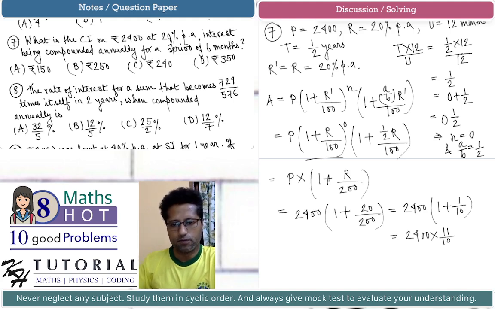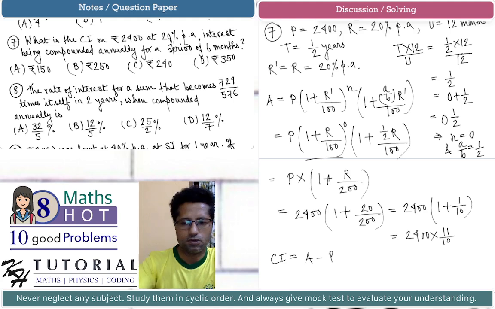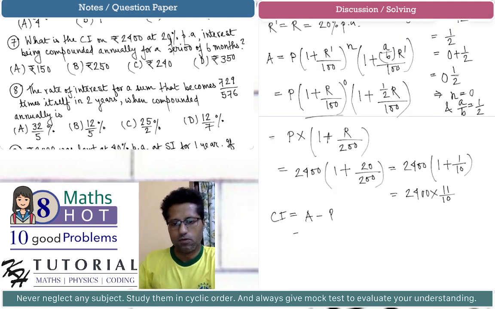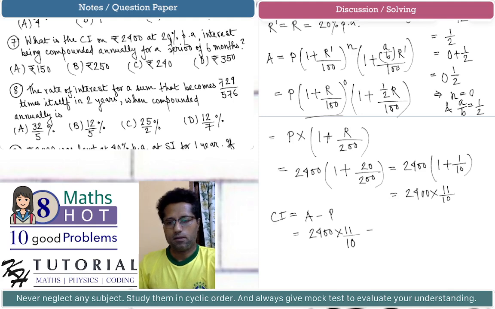So the compound interest is equal to the amount minus the original principal. The amount we know is 2400 multiplied by 11 by 10, and the original principal is 2400.